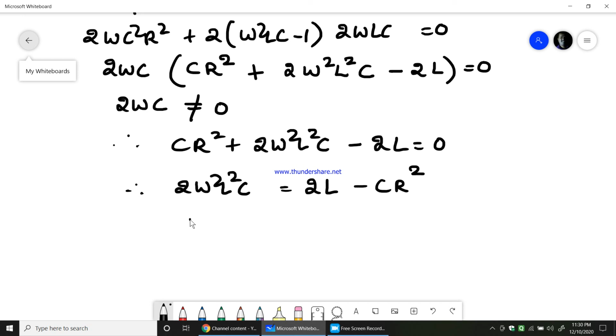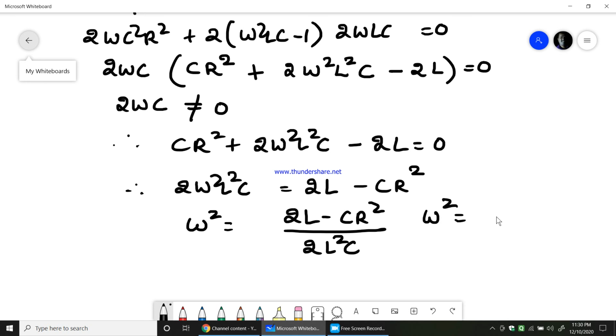So omega square equals (2L minus c R square) by 2 times L square c. So omega square would be equal to 1 over L c minus R square by 2 times L square.